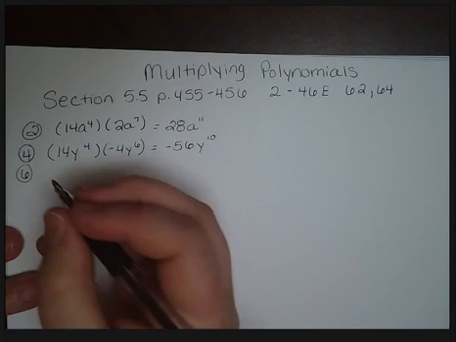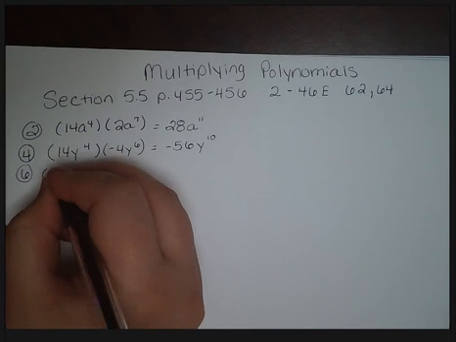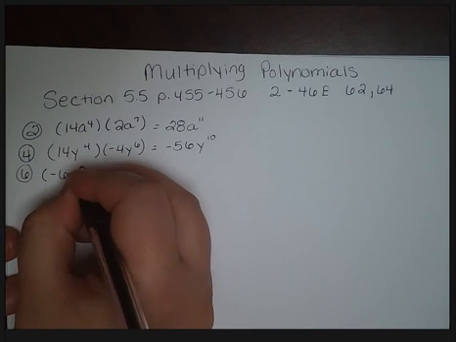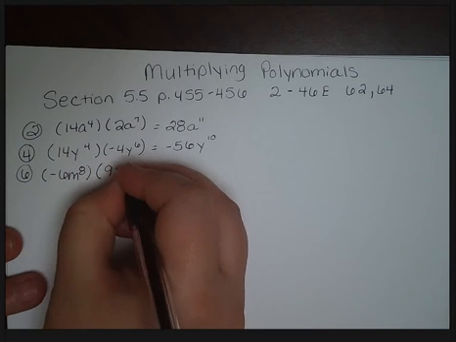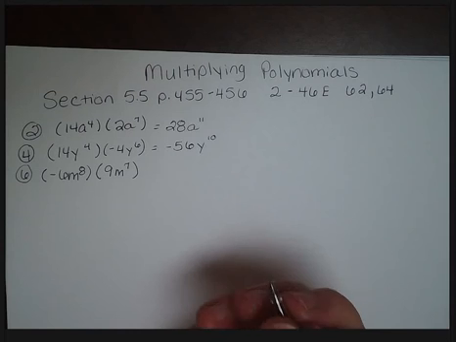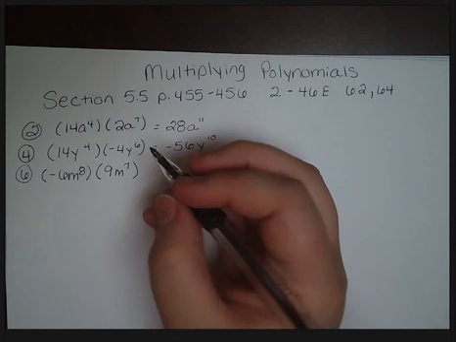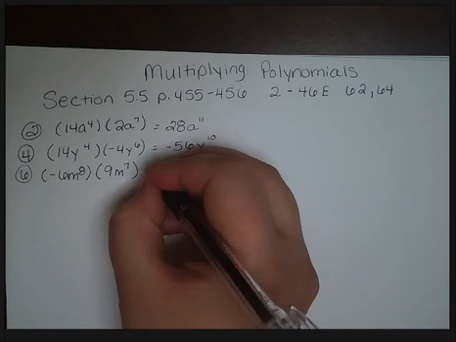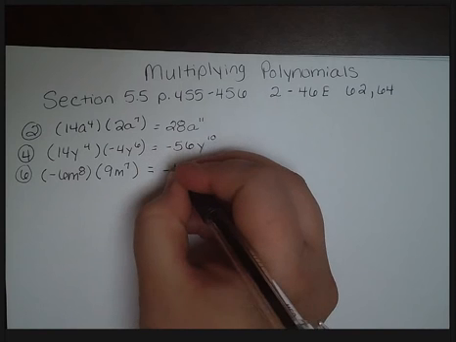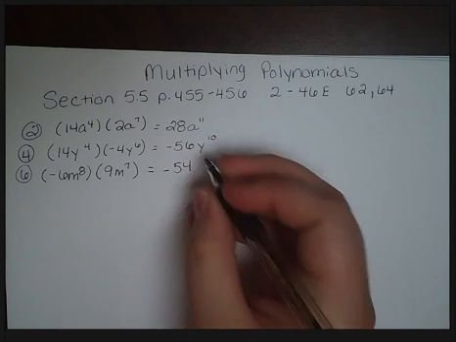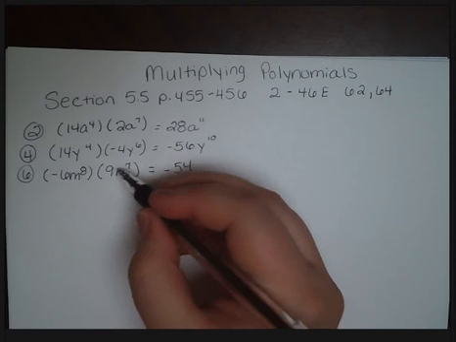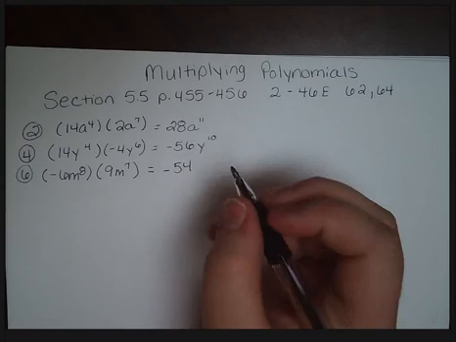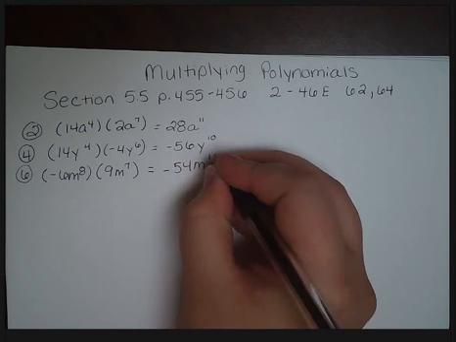Number 6, negative 6m to the 8th times 9m to the 7th. So multiply negative 6 times 9 to get negative 54. And then m to the 8th times m to the 7th. So you add that 8 and that 7 to give you m to the 15.